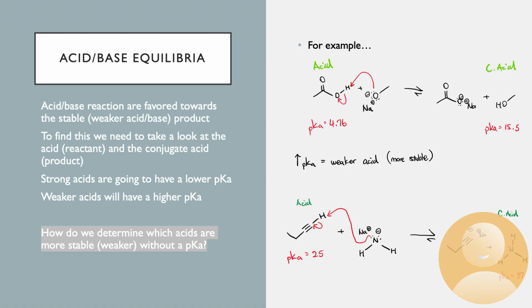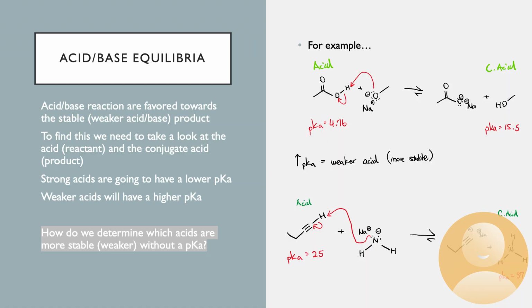If we take a look at the pKa values of both of them, we can see that methanol with a pKa of 15.5 or 16 for some of your textbooks is a lot higher than our acetic acid. Since the equilibrium favors the weaker acid, in this case, the reaction will be product favored. Now, this is important to learn some of the exceptions that you'll learn later on in the chapter.